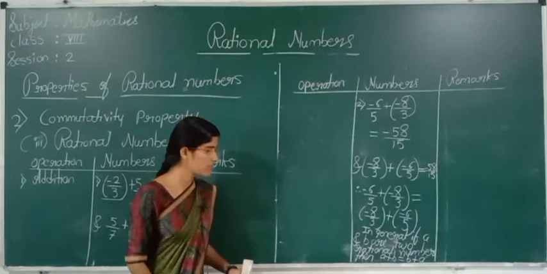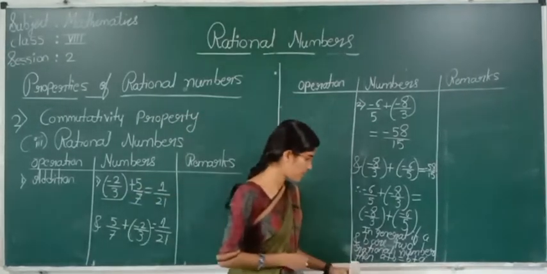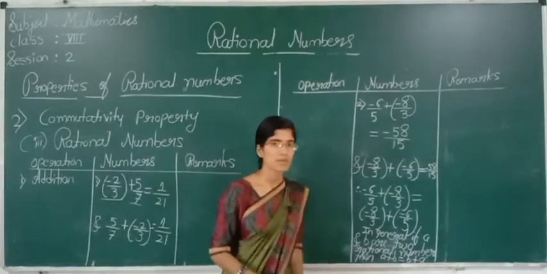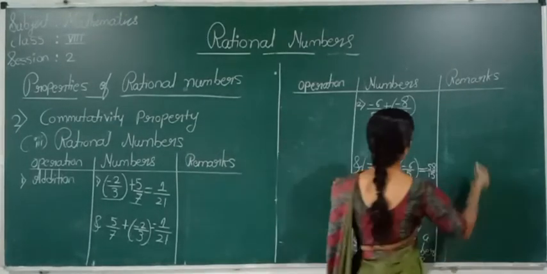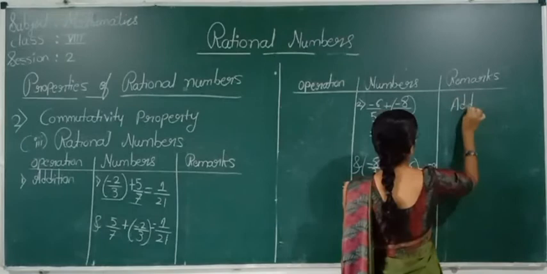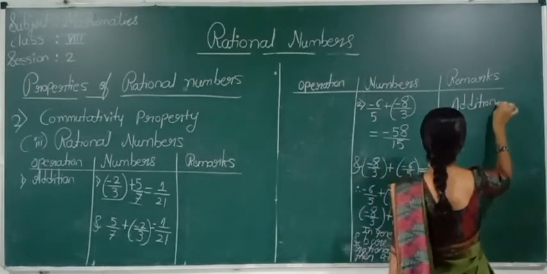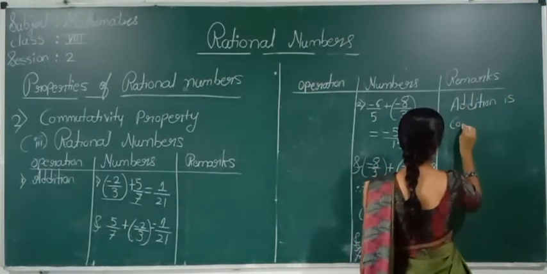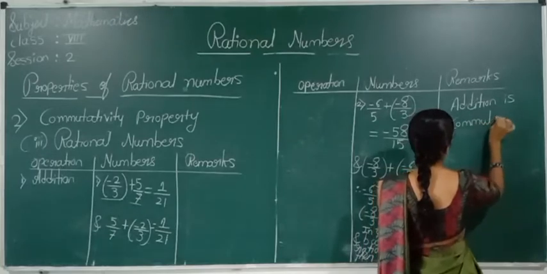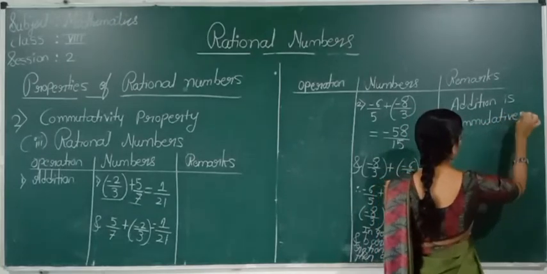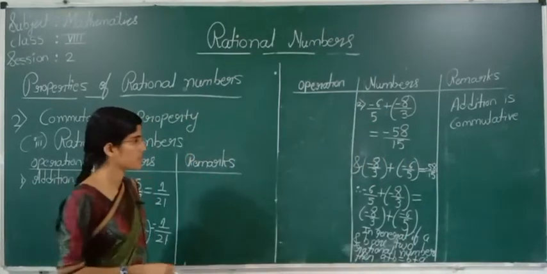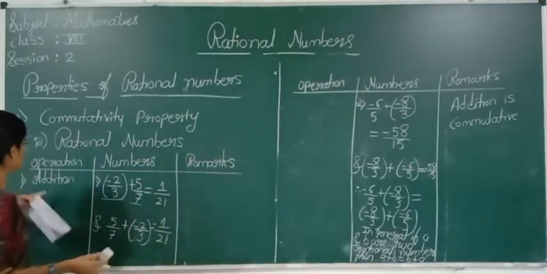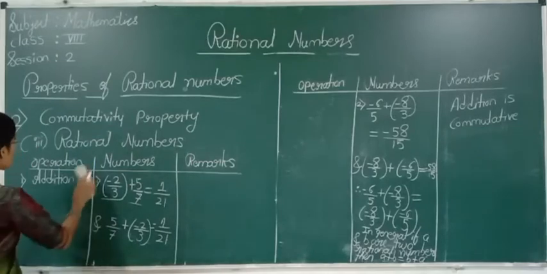We are getting the same result. Therefore, addition is commutative for rational numbers.